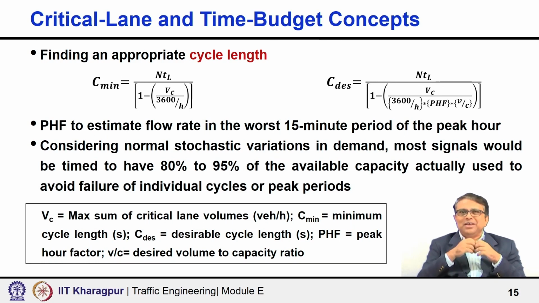Because in that case you are taking V by C as 1, but due to stochastic variation there will be individual cycle failure and also multiple cycle failures or several cycle failures. Such failure may happen during the peak periods. So, considering normal stochastic variation in demand, most signals would actually be timed to have 80 to 95% of the available capacity.